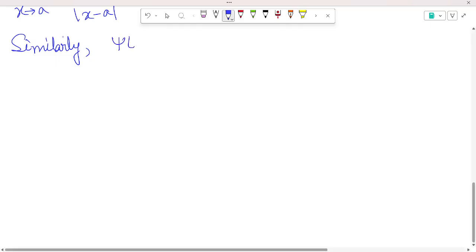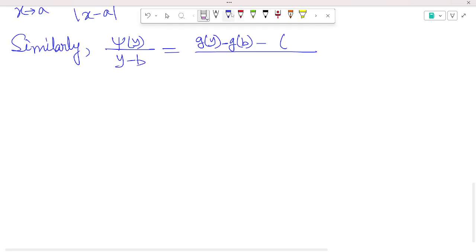Similarly, what is phi y by y minus b? This is the same thing as g y minus g b minus, sorry, it is mu, so it will be mu evaluated at y minus b by y minus b.